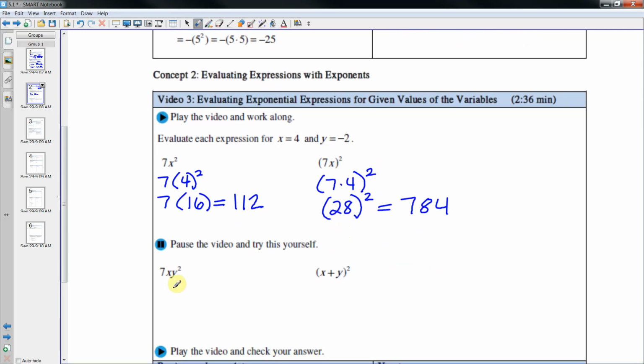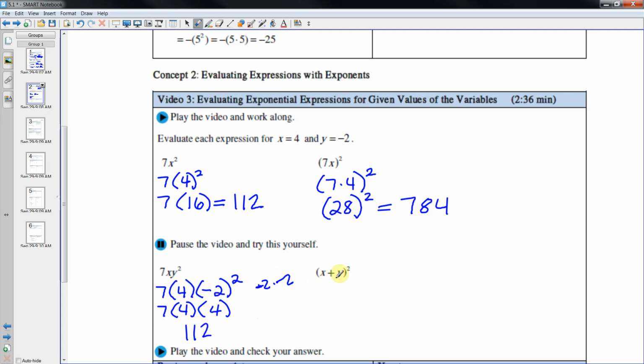Okay, so now we've got some x's and some y's. So 7 times 4 times negative 2, and that negative 2 is going to be squared. I need to do this parentheses first. So I'm going to take 7 times 4, then negative 2 times negative 2 gives me another positive 4. So 7 times 4 is 28. 28 times 4 is going to give me 112.